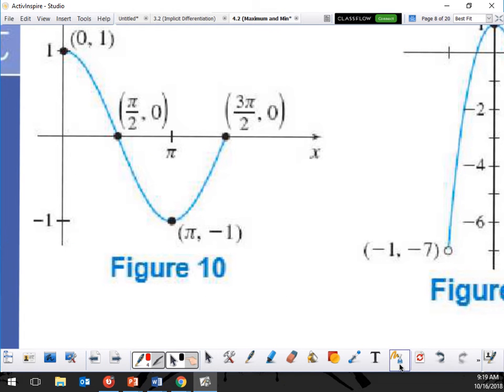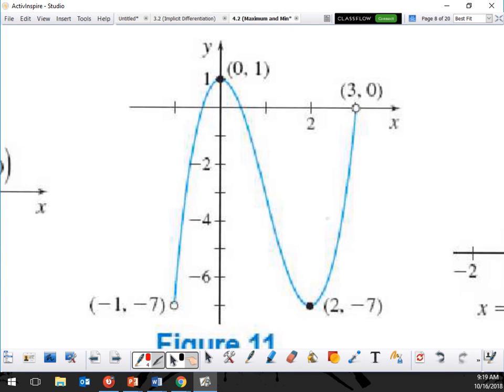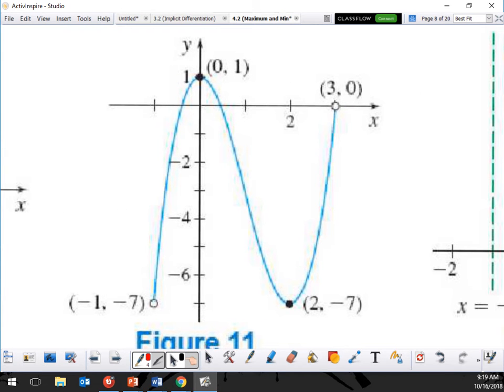All right, so let's take a look at the next one then. I'm going to need your help on this one. What was my first question? Find the domain.